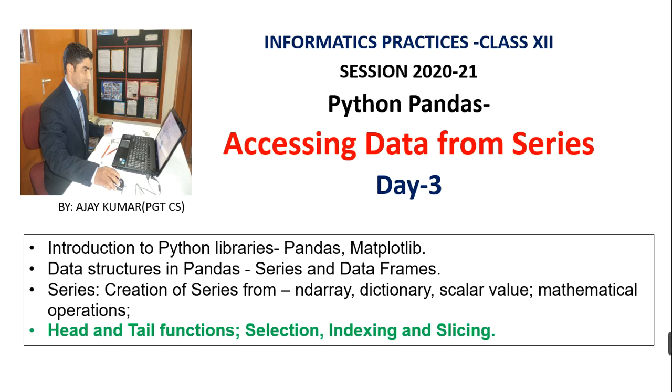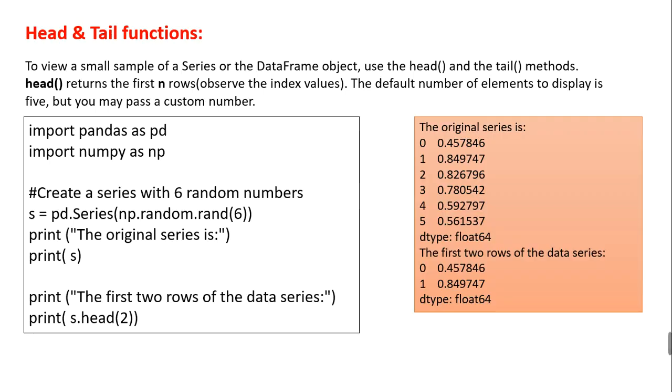So let's begin with the topic, head and tail functions. As the name suggests, to view a small sample of the series or the data frame object, we may use the head and tail functions with both series and data frame. The head function returns the first n rows. Observe the index values whenever we are using this.